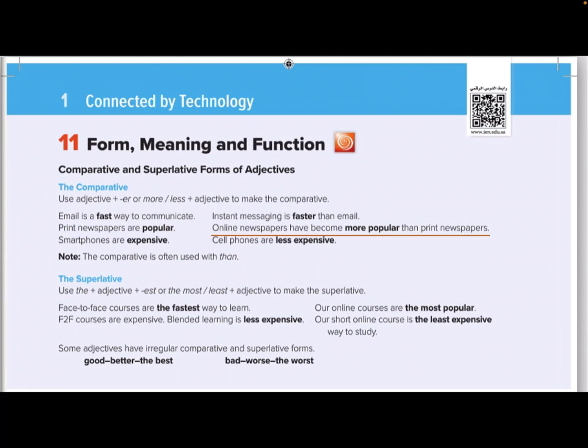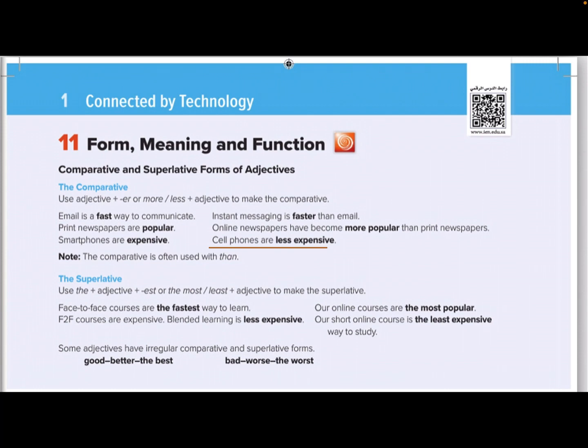So the adjective here is popular. الصفة هنا يا شباب popular وهي تعتبر صفة طويلة، فبالتالي we use more popular. Smartphones are expensive. Cell phones are less expensive. So there is another example of long adjective.